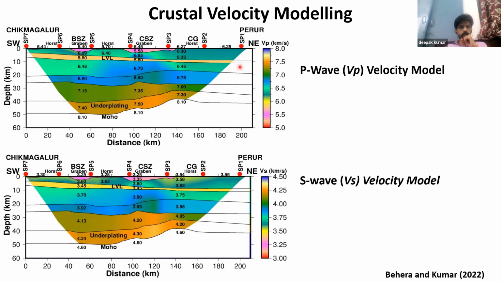That is because only this area has been illuminated with the seismic waves, and this area has not been touched by the seismic wave. That is why it has not been sampled by the seismic wave. That is why we don't have any information of the velocity variation for this. Actually, we do have, but since the ray coverage is only for this, we are only concerned up to this area.